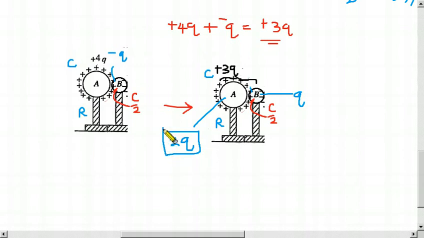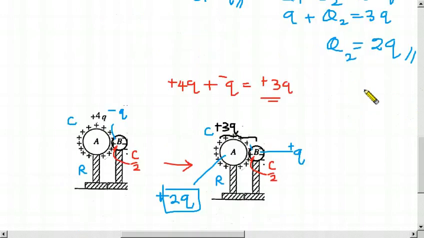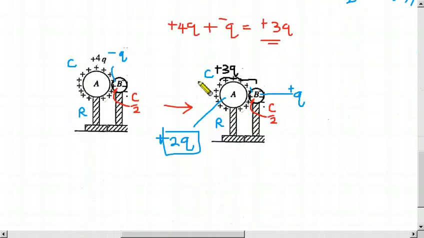So like this, 2q positive, and this one also positive, because the negative charge carried from this C has now disappeared. It was neutralized by this positive 1q from this 4q. So the remaining final charge is positive 2q on sphere A, and positive q on this B. 2q, q.